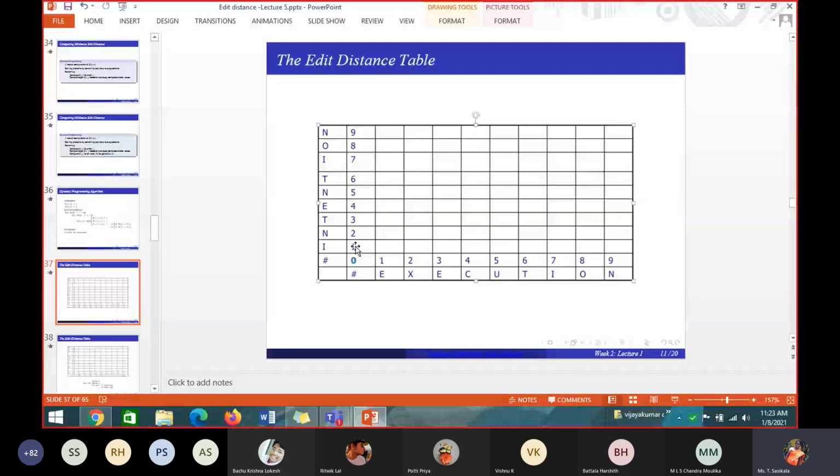Now, please listen students, I want to compare I and E. What is my first input character and first output character? Please be active. Characters, not word, for character. I and E. Yes or no?